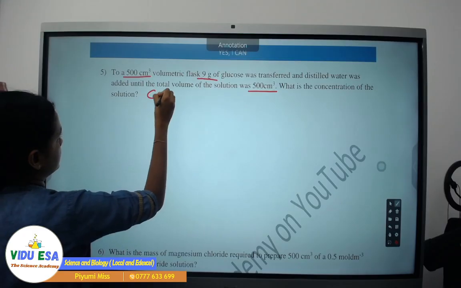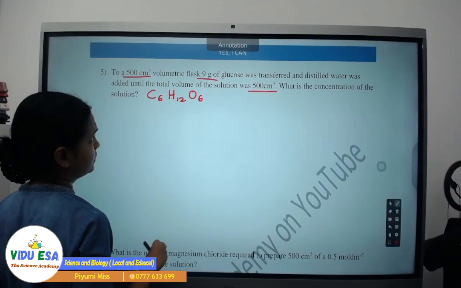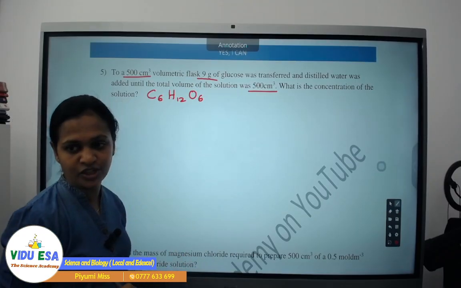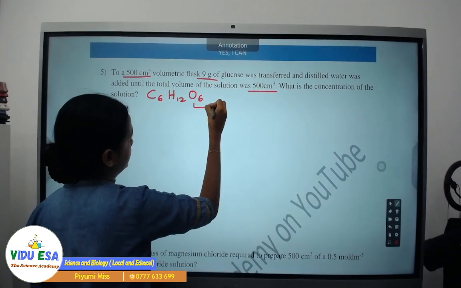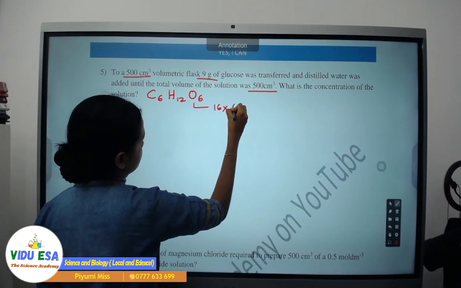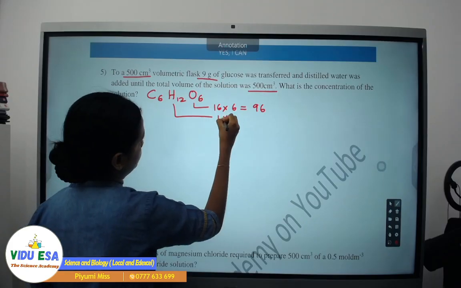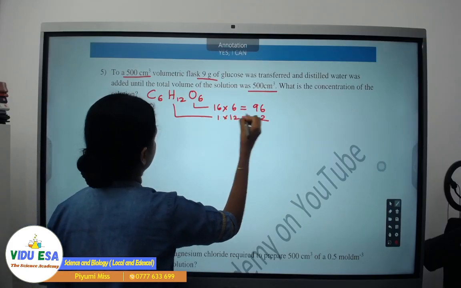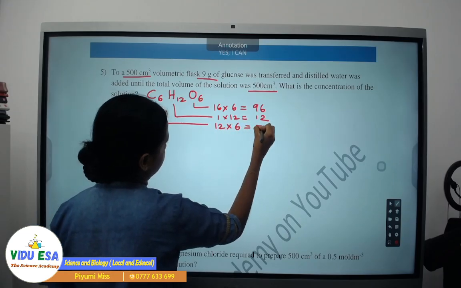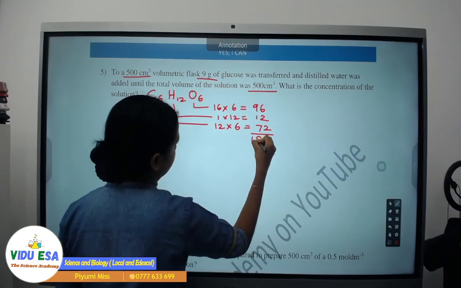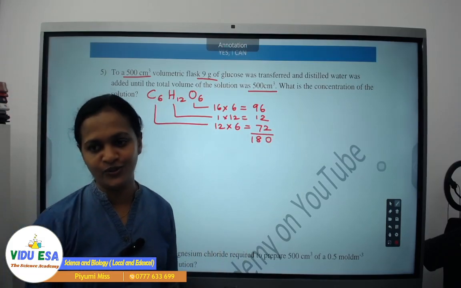Glucose is C6H12O6, so calculate the relative molecular mass: 16 into 6 is 96, 1 into 12 is 12, 12 into 6 is 72. Altogether 180, the relative molecular mass of glucose.